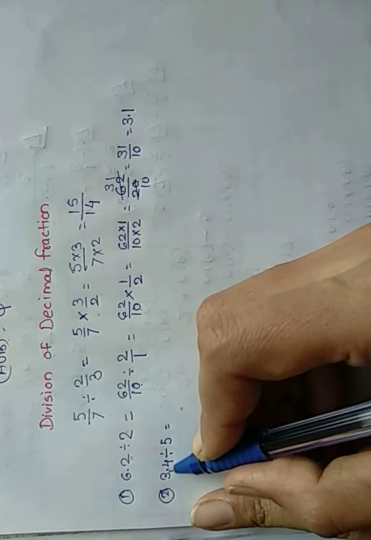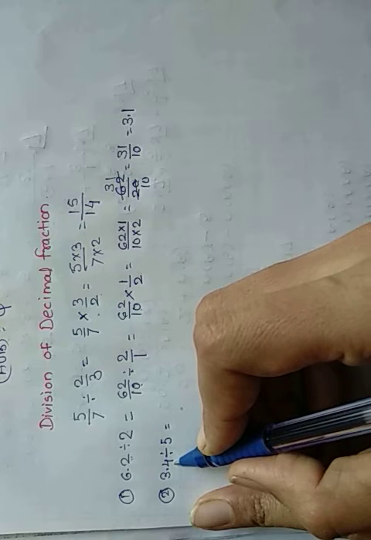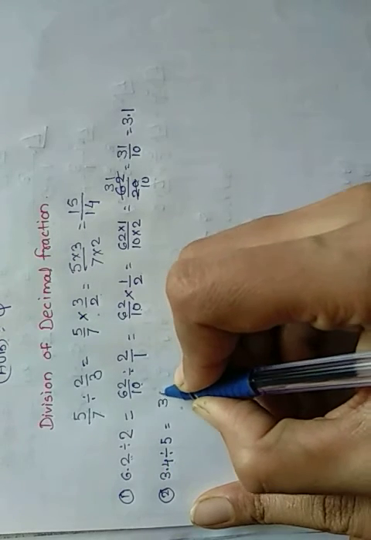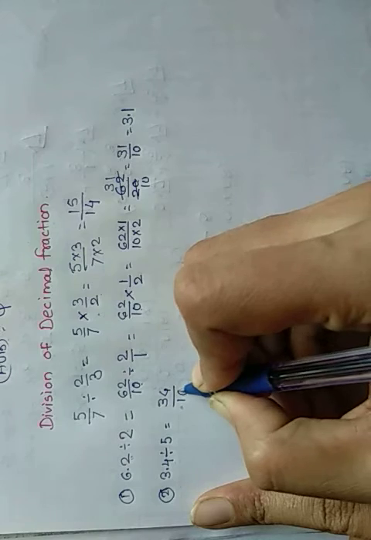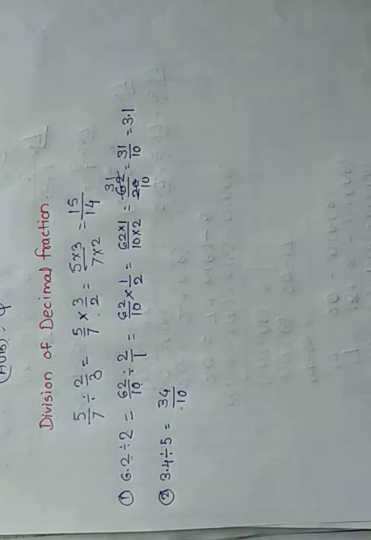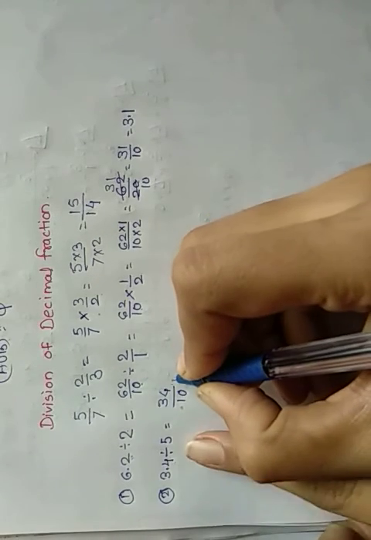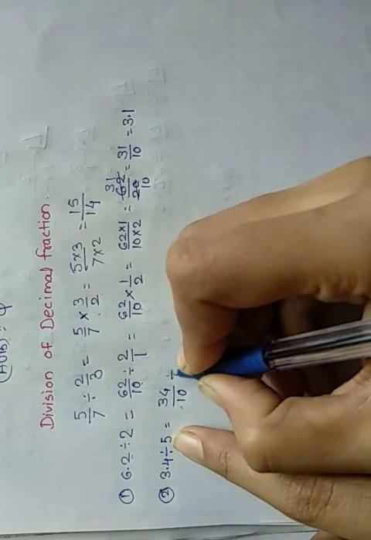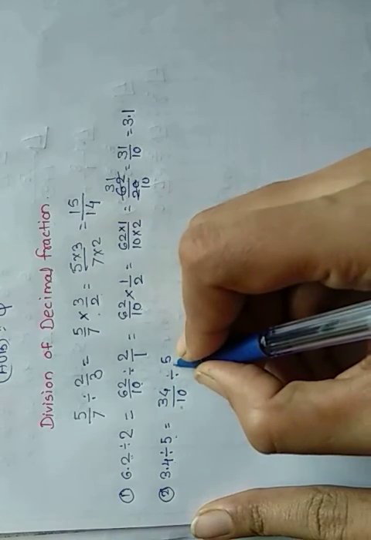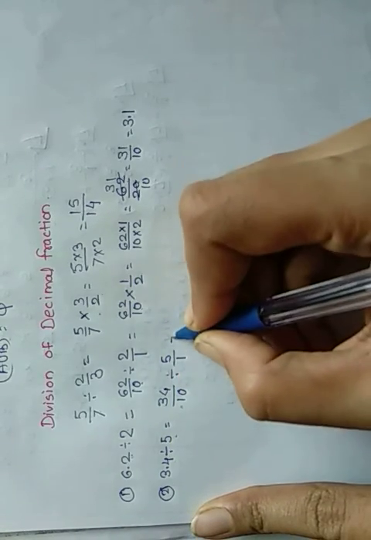First, convert this decimal fraction into a common fraction. It means 3.4 is 34 upon 10, because there is one place to the right side of the decimal point, divided by 5. There is no denominator to the 5, it means the denominator is 1.